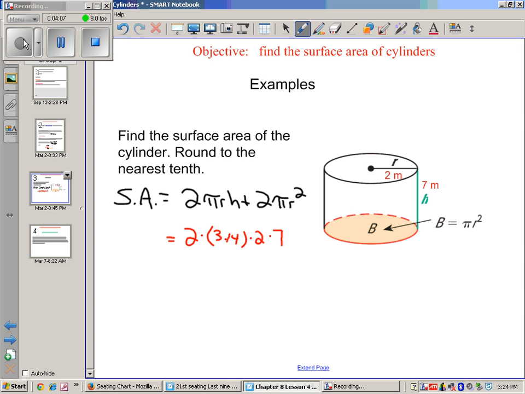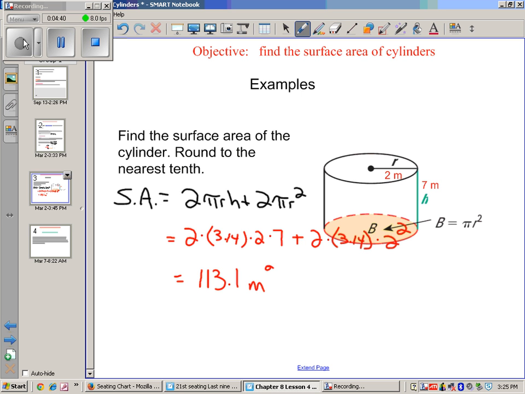And now we do have a plus sign, so we're going to add that. We have 2 times our pi, 3.14, times our radius, which again is 2, squared. If you punch that in your calculator, 2 times 3.14 times 2 times 7 plus 2 times 3.14 times 2 squared, you are going to get an answer of about 113.1 meters squared.